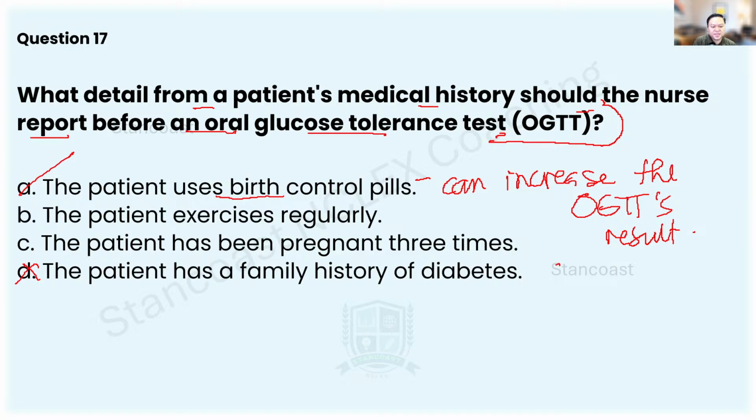So this will be inaccurate. Very inaccurate. So take note. Make sure that you report this to the medical provider, okay? That your patient takes oral contraceptive agents, because this will not be a reliable test for them if they use birth control pills. All right?